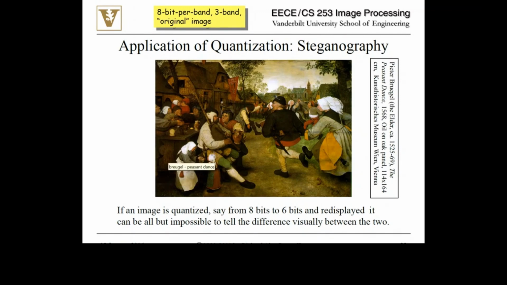Originally it has 8 bits per pixel, but now we represent it with 6 bits. So this is the 8 bit per band original, and this is the 6 bit quantized. That is a very easy way to do that.